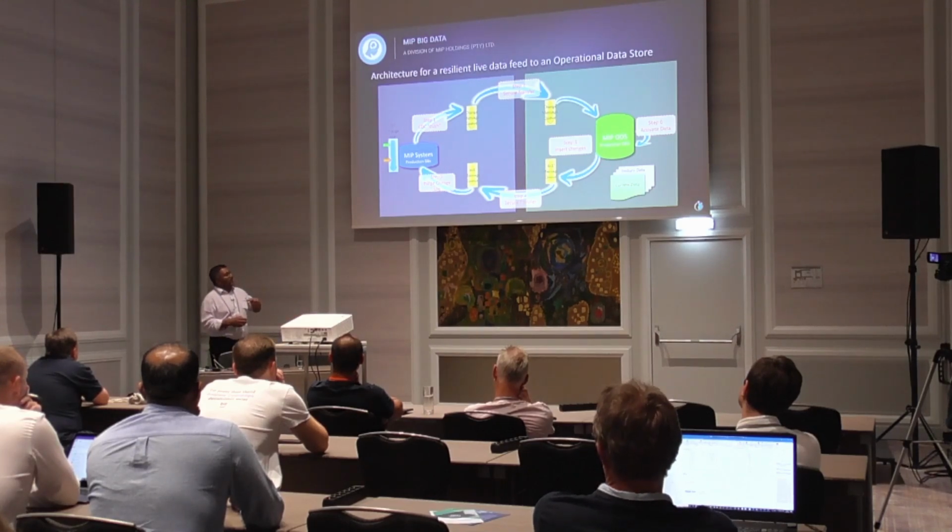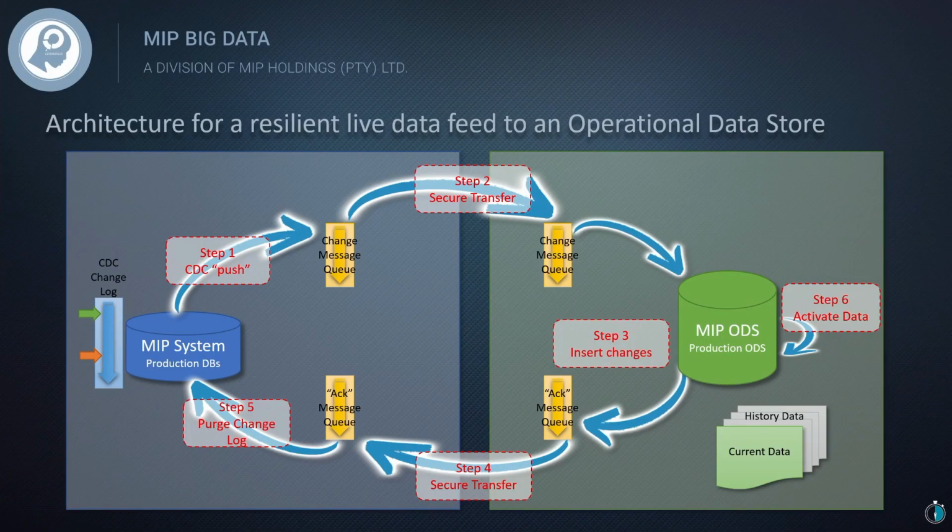The second benefit was that we only purged the data out of the CDC tables once we get the acknowledgement message back, which meant we can guarantee delivery of the data from Progress to SQL. And if ever there was a break in transmission between the machines for whatever reason, for network maintenance or those kind of things, we have the ability to resend that data out from Progress to SQL.